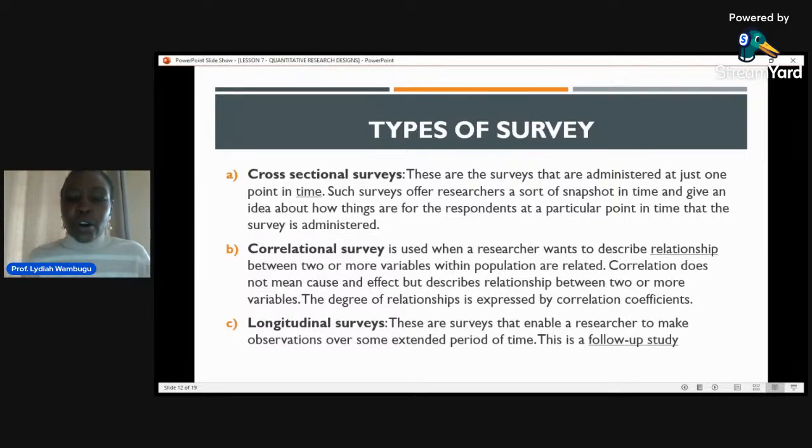Then longitudinal is follow-up. It enables a researcher to make observations regarding a sample or a population over an extended period of time. So you are studying it now, maybe after 3 months, another 3 months, another 3 months, or 1 year or 6 months.